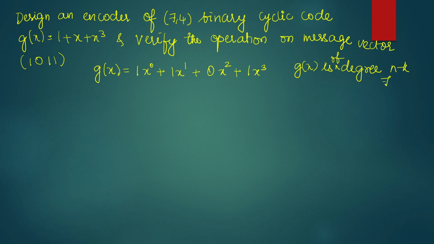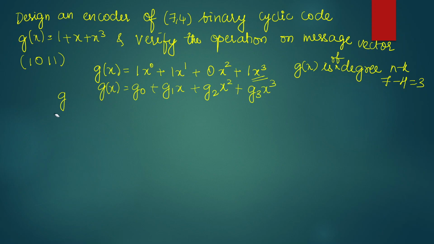In this case, n is 7, k is 4, which is equal to 3. So we have reached the degree of 3. So this is our generator polynomial. You can compare this with the standard expression, that is g of x is equal to g0 plus g1 of x plus g2 into x square plus g3 into x cube.